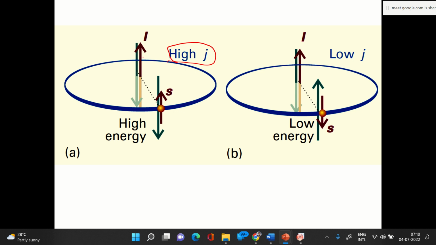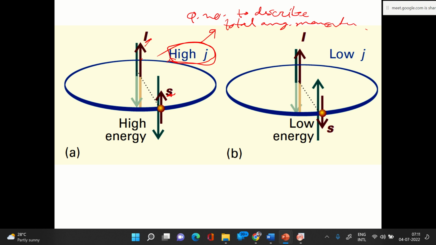If L and S, both the angular momenta, are pointing in the same direction, you get the high J, and J is the quantum number to describe the total angular momentum, and so it will also give you the total magnetic moment.